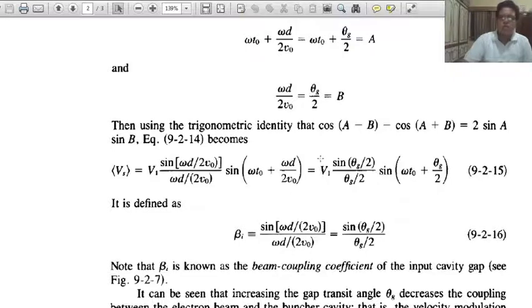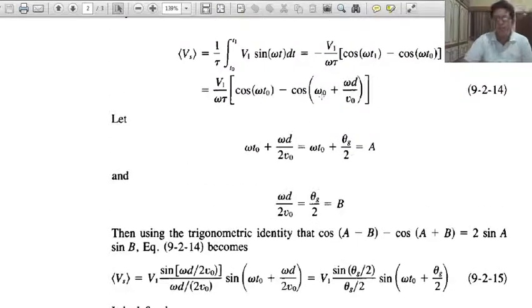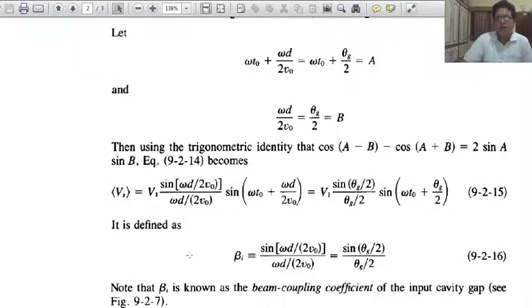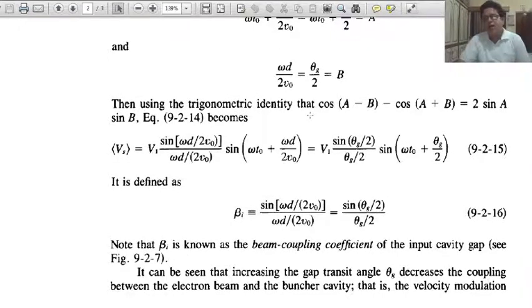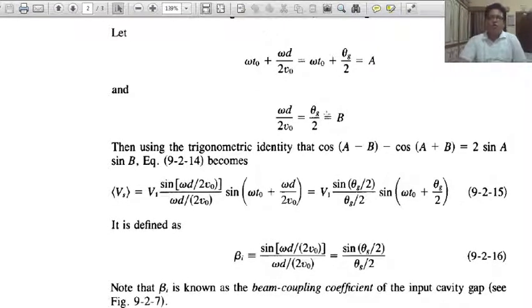After using this trigonometrical relation, it becomes twice sin a sin b. Now replacing the constants in terms of theta z, this becomes V1 sin theta z upon 2 upon theta z upon 2, times sin omega t0 plus theta z upon twice.